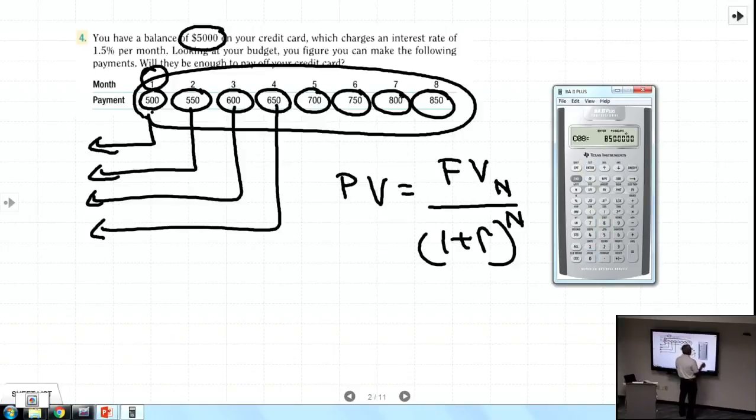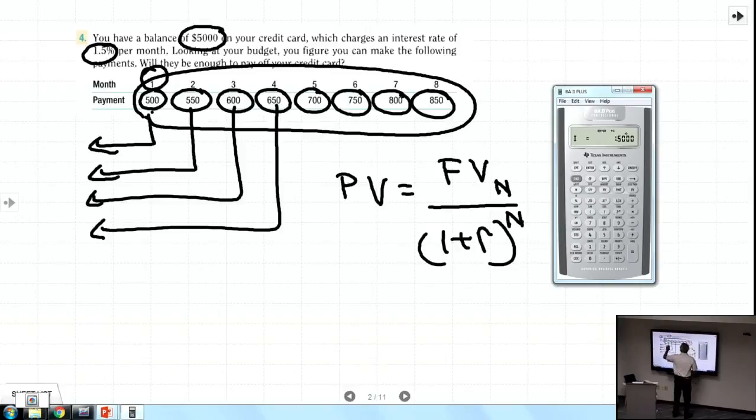So I've entered all of the cash flows. You can go back up and scroll through and make sure they've been entered correctly. Notice I have not changed any of the F's. All of the F's remain 1. That's the default number. Having entered everything, your monthly interest rate is 1.5%. So I go back to NPV and enter 1.5 per period. There are 8 periods, 8 months.